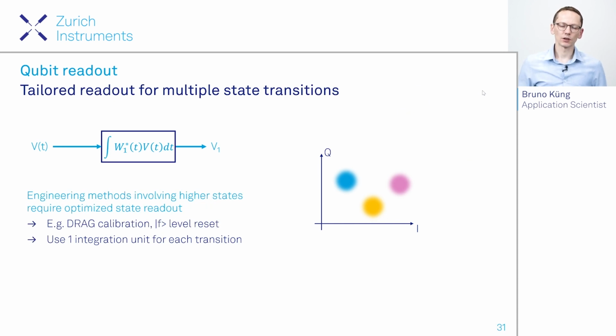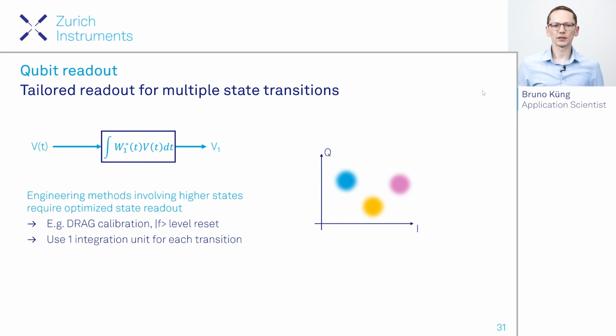But if we want to actually engineer our system to use these multiple states, for instance, implementing a drag pulse calibration or implementing F-level reset to deal with the state leakage, we need a means to clearly read out and measure these individual states.